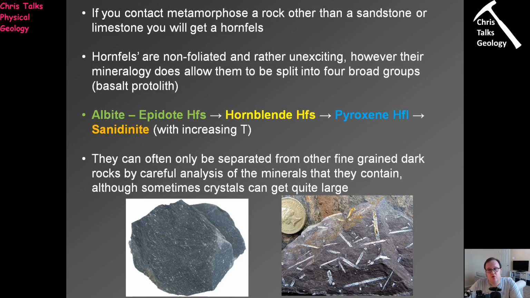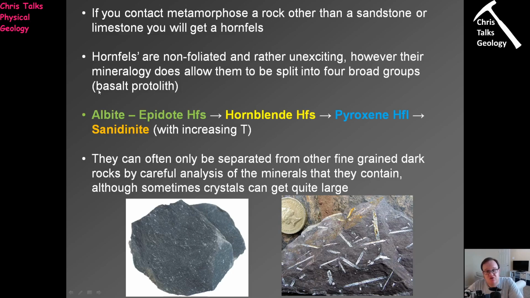Now, if we have a hornfels that is quite ferromagnesian, forming from a basalt, we tend to get the following progression of minerals in our rock as we increase the pressure and temperature.